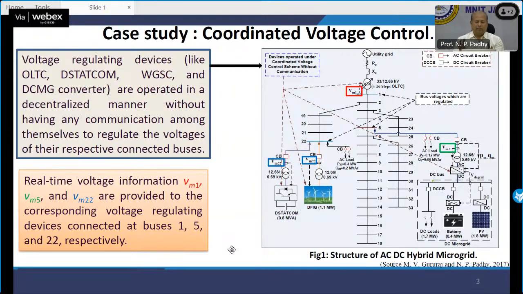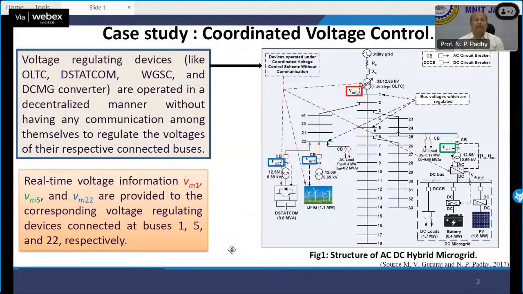So practically, if you see how the distribution system looks with different microgrids or renewable generations or loads or this STATCOM being connected, I think probably it will look like this.